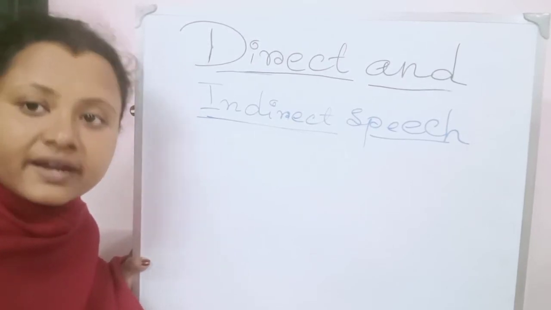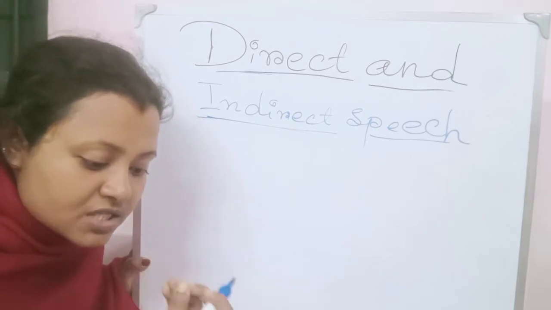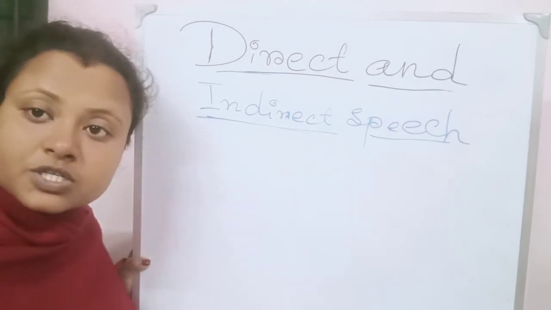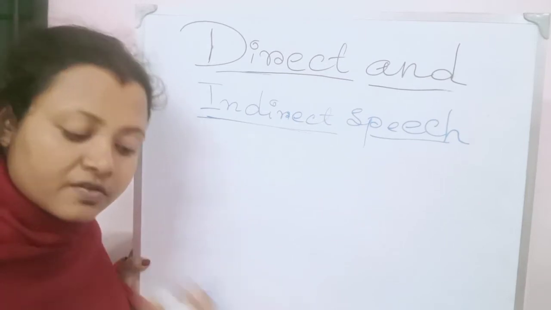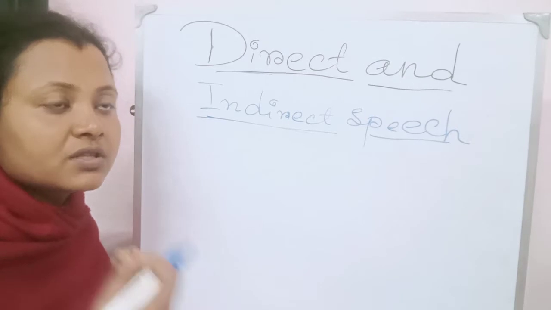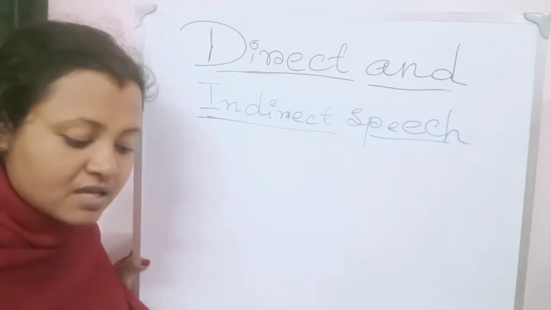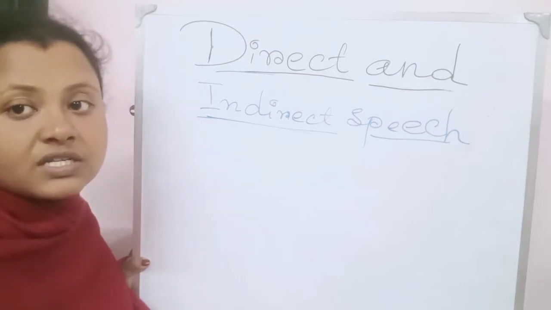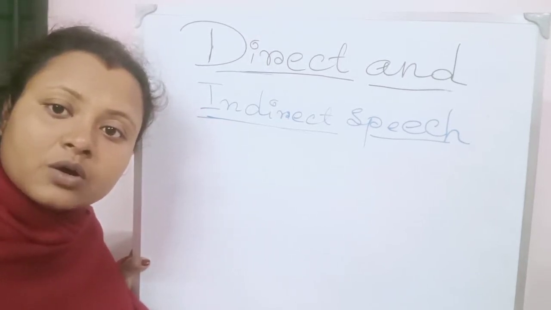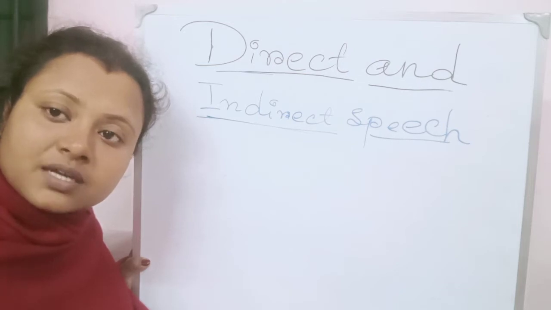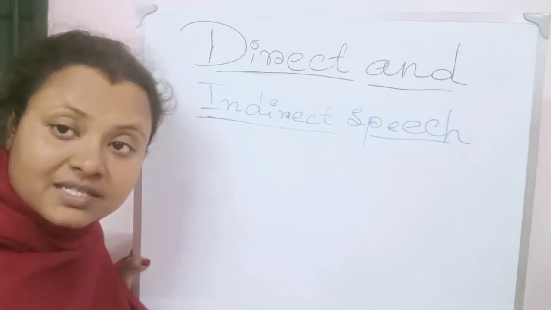That is called direct speech. And when you give the gist or the substance of what the speaker has conveyed, the summary of the sayings of the speaker, that is called indirect speech. So how will you identify what is direct speech and what is indirect speech? What are the ways to understand that?